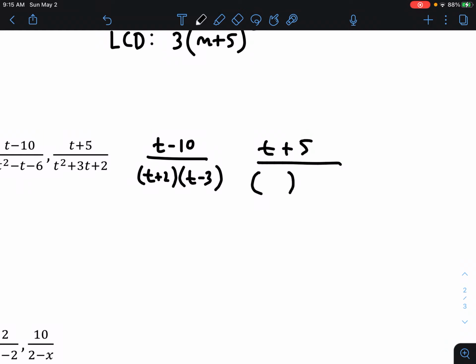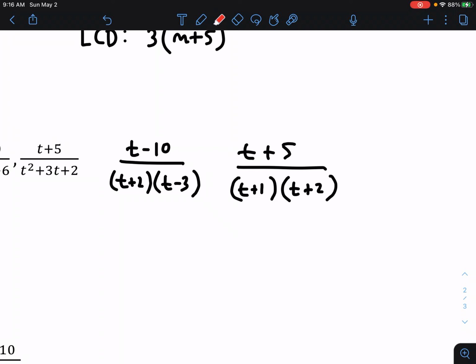All right, so this one, we want to circle or highlight anything that is unique, and that's going to become part of our LCD. And so when I say unique, even if something shows up more than once, you're going to highlight it. So I'm going to highlight that, and I'm going to highlight that one, and I'm going to highlight that one. But I don't need to highlight the other t plus 2 because I already highlighted one.